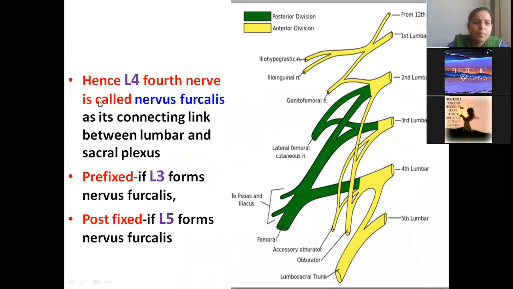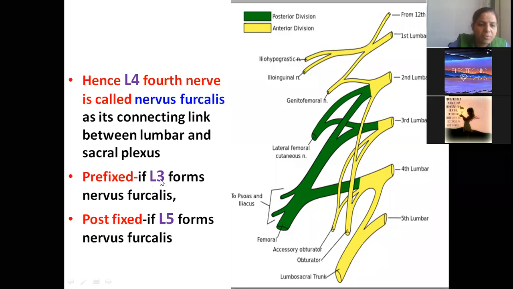Then this is L4. The fourth nerve is called nervus furcalis. Furcalis means it is dividing into two. It is the connecting link between the lumbar and sacral plexus, because L5 will go and join with S1, S2, S3, S4, S5 to form the sacral plexus, where you will see the formation of the sciatic nerve. Now see here.